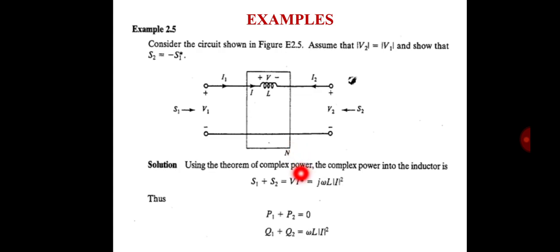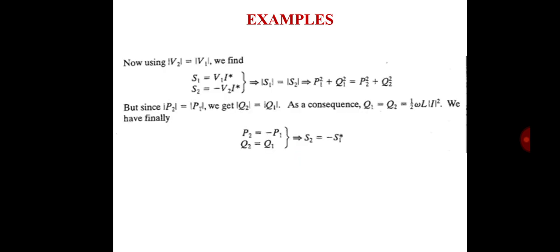Here also P1 plus P2 is equal to 0 because of the inductor. So Q1 plus Q2 is equal to omega L into I square. Now using V2 equal to V1, S1 is equal to V1 I conjugate, and S2 is equal to minus V2 into I conjugate.